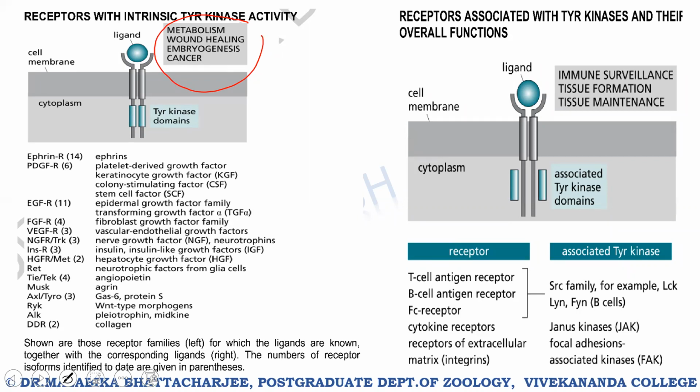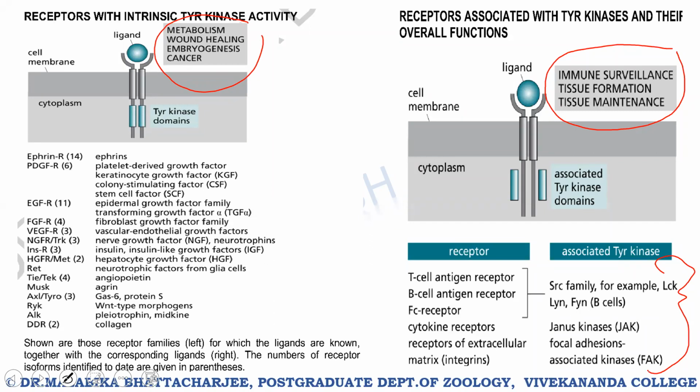So these receptors play a role there. When we are talking about the receptors associated with tyrosine kinase, you see the function is immune surveillance, that is, the immune system is checking the body, tissue formation, tissue maintenance. And these are some of the associated receptor tyrosine kinases.